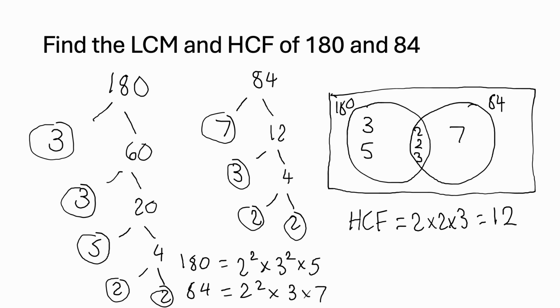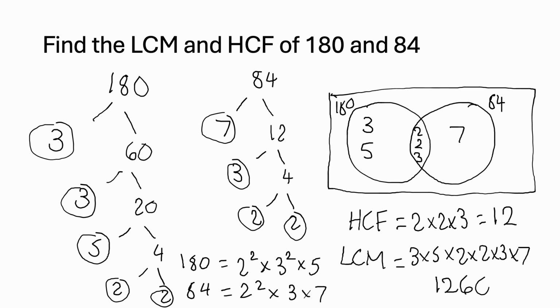Okay. And then the lowest common multiple is essentially everything in the Venn diagram timesed together. So we're going to do 3 times 5 times 2 times 2 times 3 times 7, which we get as 1,260.